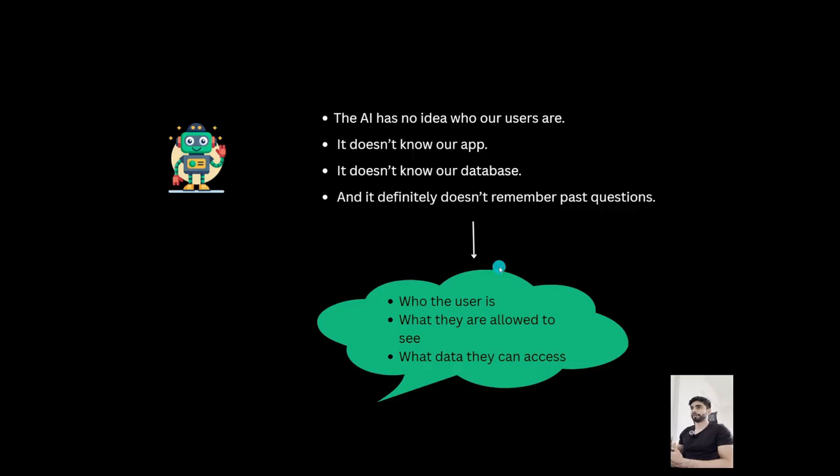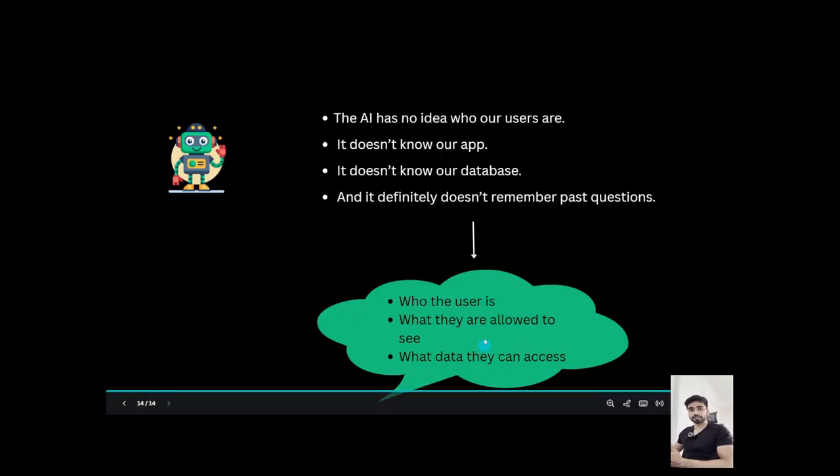Think of it like this: you have all the data inside your system, but AI is standing outside. There is no bridge or connection between them. So every time AI needs to answer something, we manually carry information from our app and dump it into the prompt. That's why we keep re-explaining who the user is, what they are allowed to see, what data they can access.